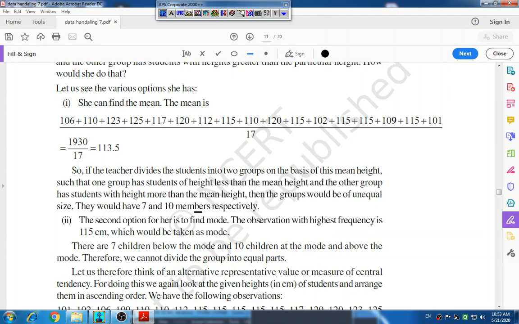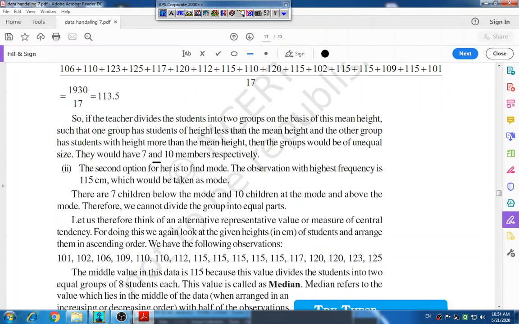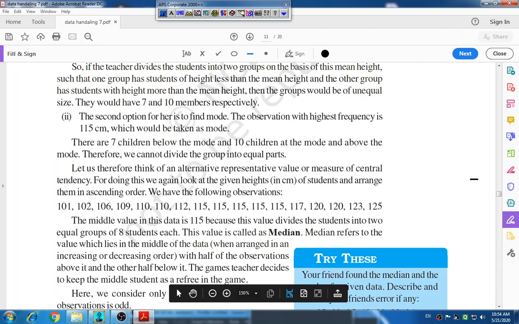We again look at the given heights of students and divide the students into two equal groups of 8 students each.